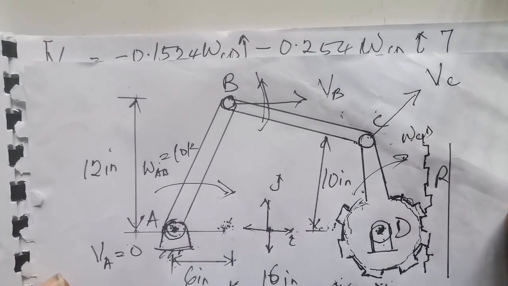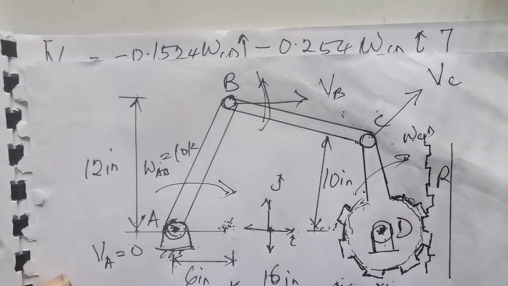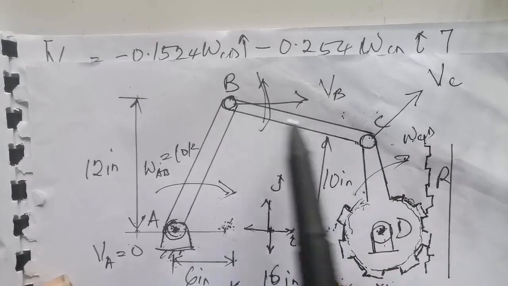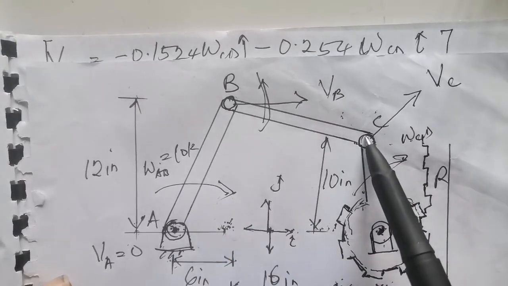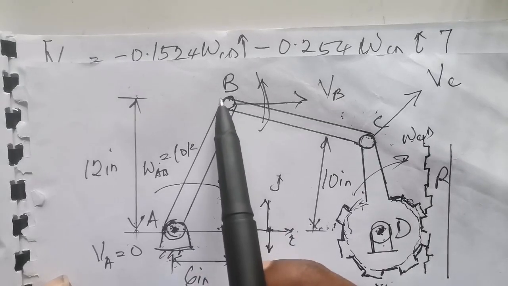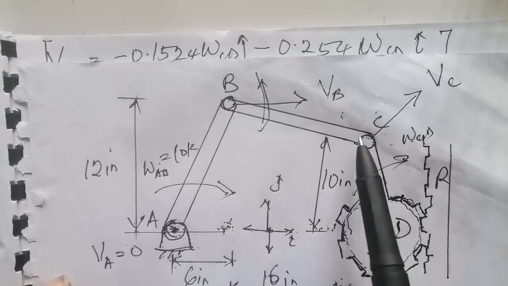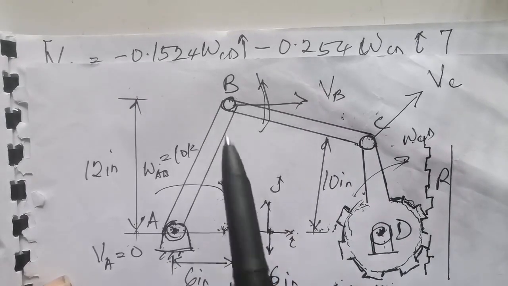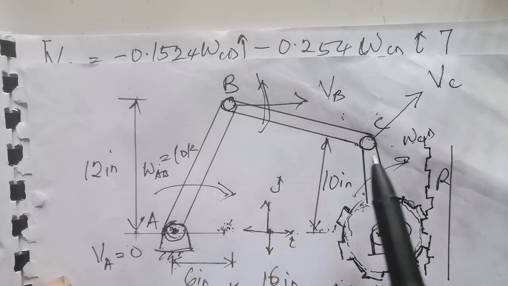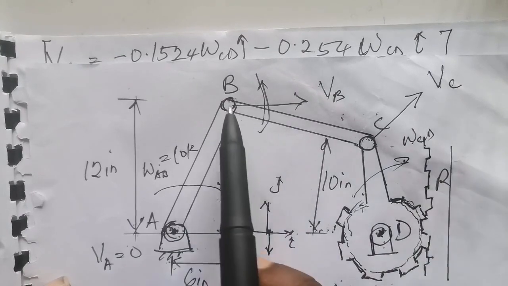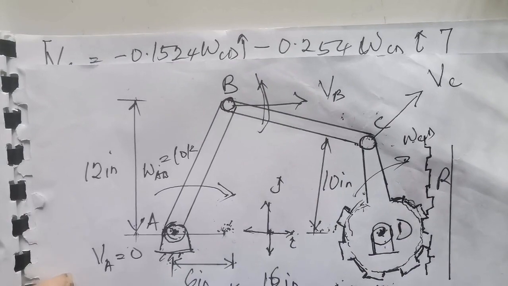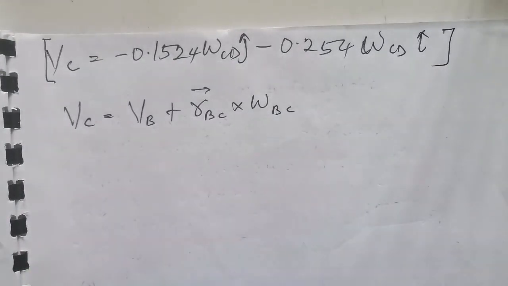So if you're picking point C, it means you're moving relative to point B. So it becomes VC equals velocity at the free end VB plus, of course, radial arm multiplied by the angular speed. Or if you're picking point B, also it's still the same thing. VB is simply equal to what? It becomes velocity at the free end VC plus the radius arm multiplied by the angular speed along that arm BC. So it's basically the same thing. All right.